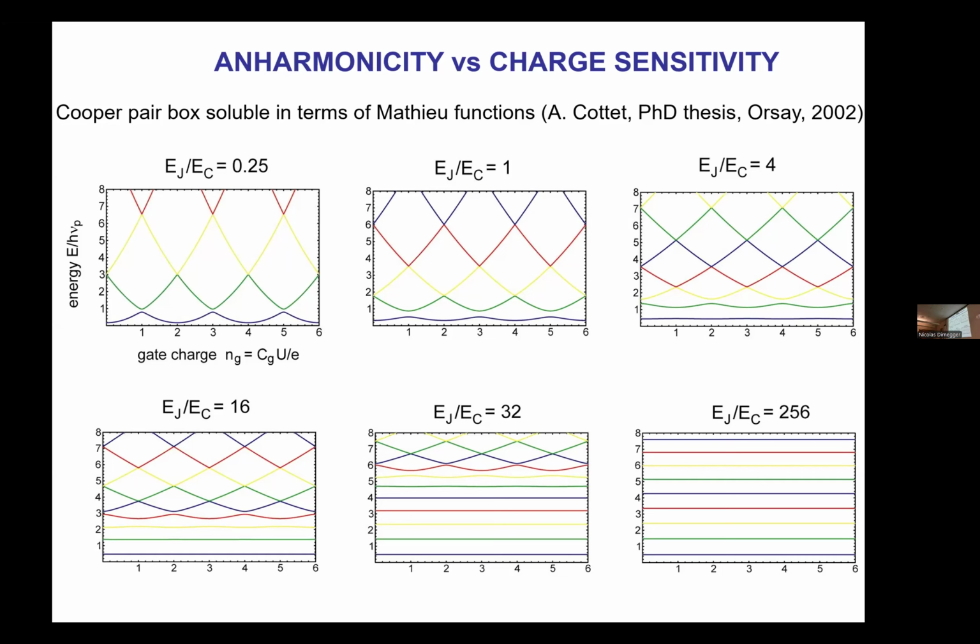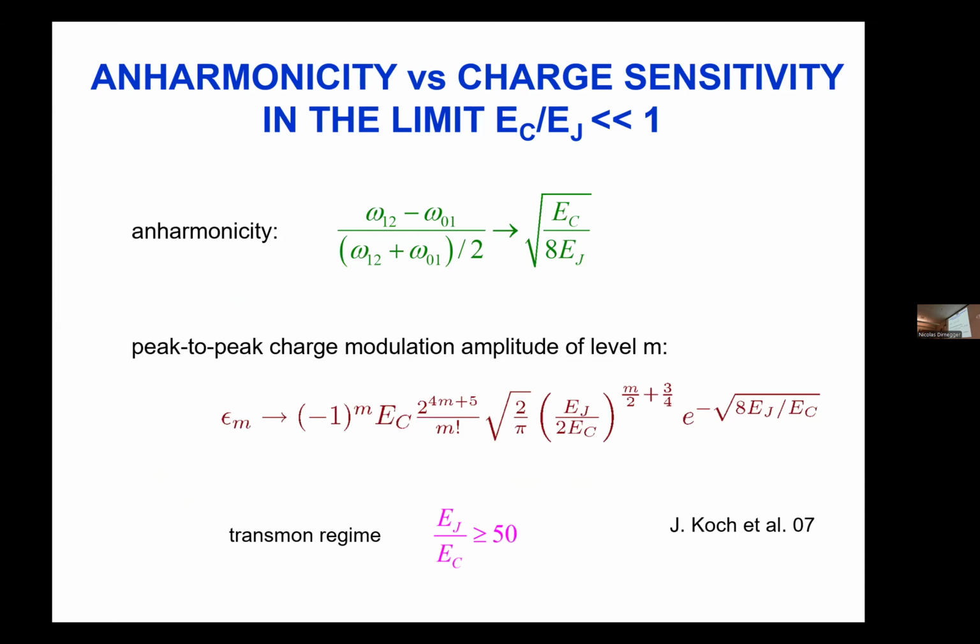What is marvelous here is that you get essentially no charge sensitivity in the transmon. And Jens Koch, who's here, has shown that the anharmonicity algebraically decays with this ratio EJ over EC. But fortunately, the peak-to-peak charge modulation decreases exponentially.